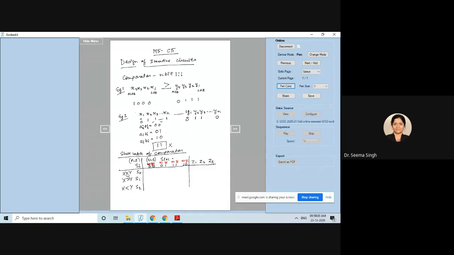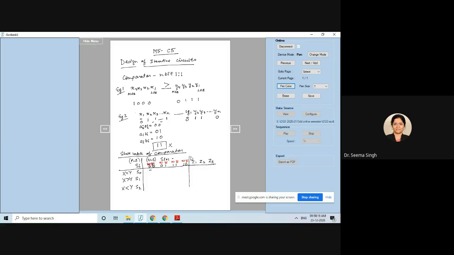I imagine that I have all my previous MSBs as equal. Now my current input says it is 0 and 0. Xi is 0, yi is also 0. So what happens? Is it equal, greater or lesser?